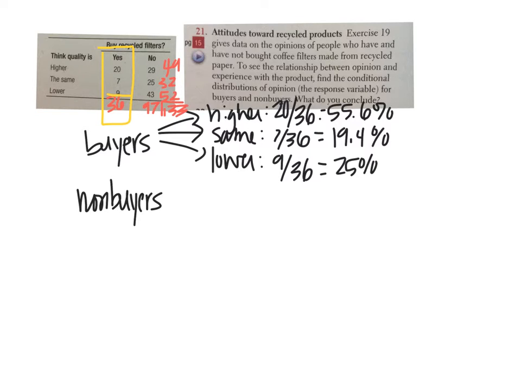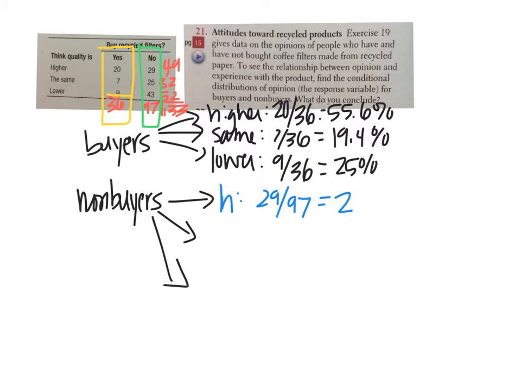So now I'm going to find the conditional distribution of opinion for non-buyers. I'll give myself a little more space. This time I'm looking here because I'm looking at the non-buyers. For higher, we have 29 out of 97, which is about 29.9%.